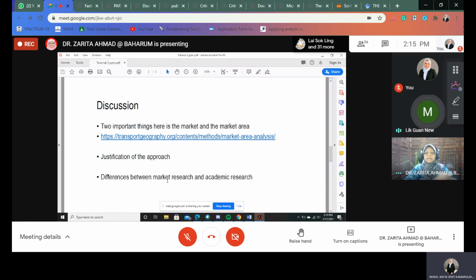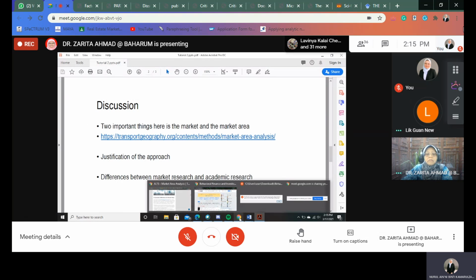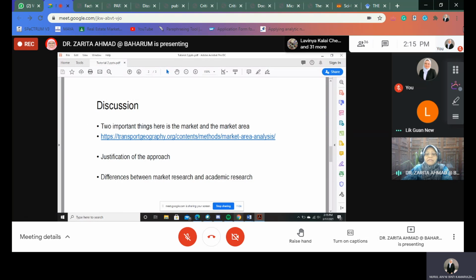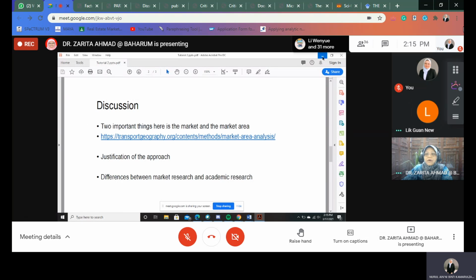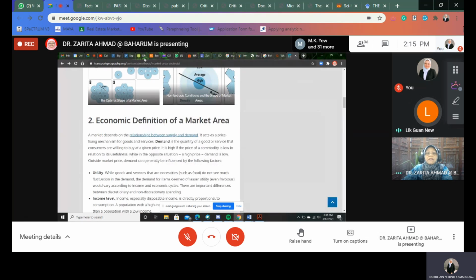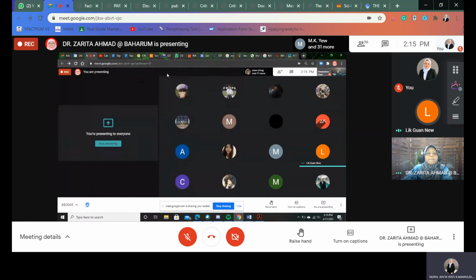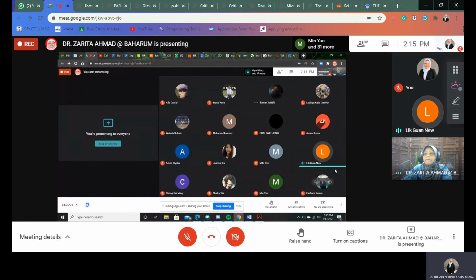Can you repeat your question? Differences between market research and academic research. Academic research tends to find one conclusion, a theory, something like that. But market research does not necessarily have to come up with some theory, to me.